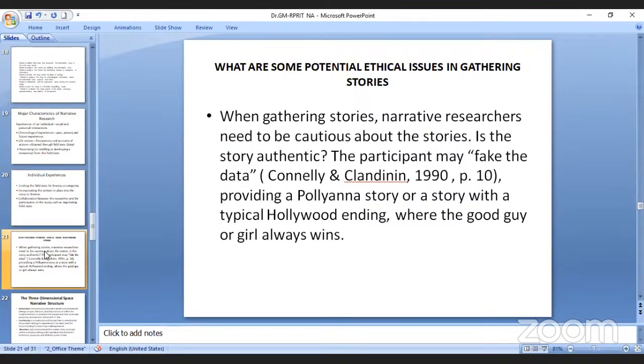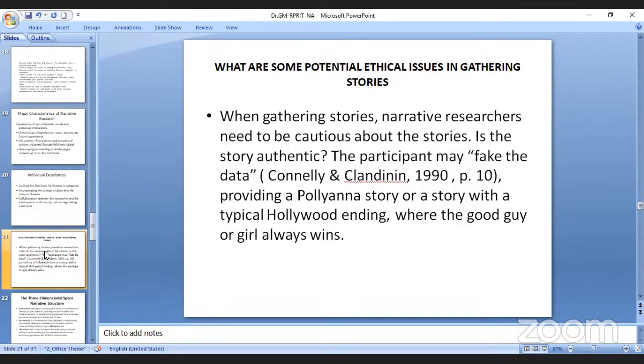Then some potential ethical issues in gathering stories. So when gathering stories, narrative researchers need to be cautious about the stories. Is the story authentic, or is it real, or is it a rumor? So the participant may fake the data.